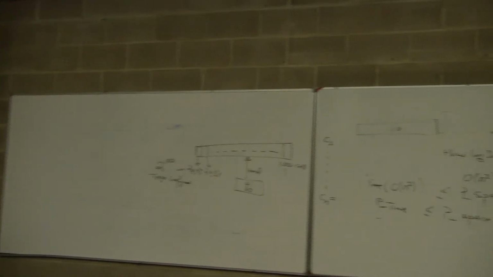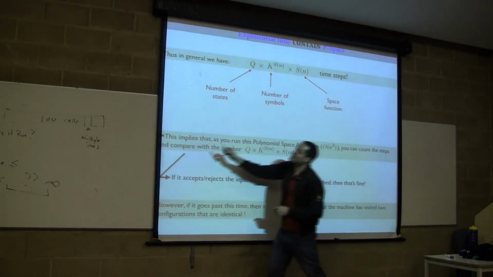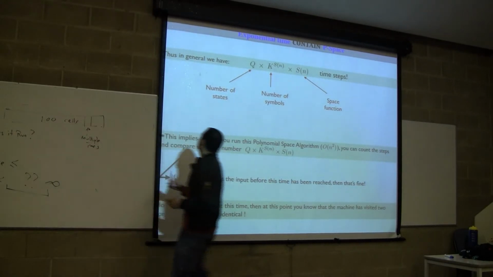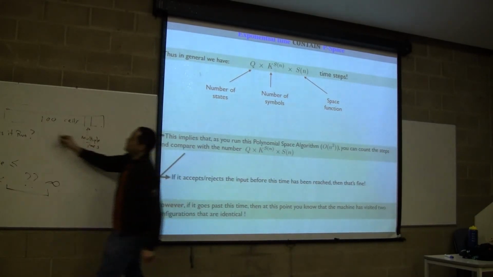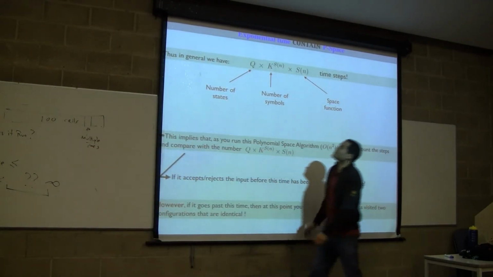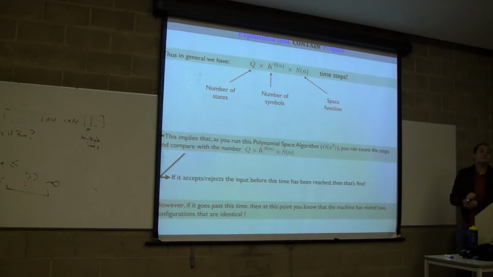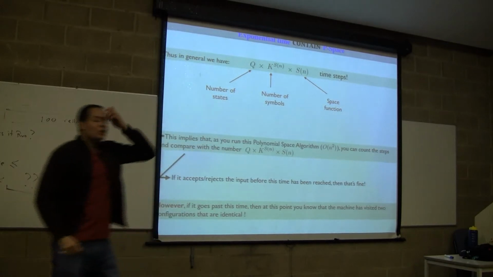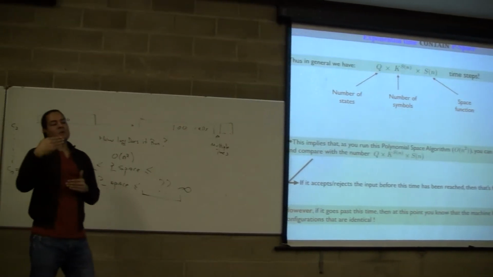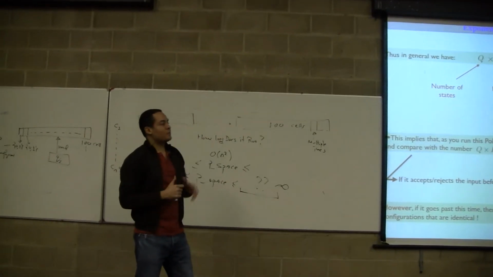In general, you have the number of states times k to the power Sn, where k is the number of symbols and Sn is the size of the memory, times Sn, the number of positions that the head can visit. This number is huge, it's exponential, but it's not infinite. So what this tells you is that once you bound memory in your computer, you can determine the maximum running time of your algorithm, and typically it will be exponential because of that particular factor.